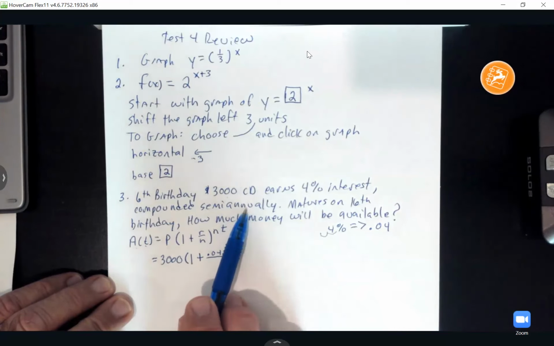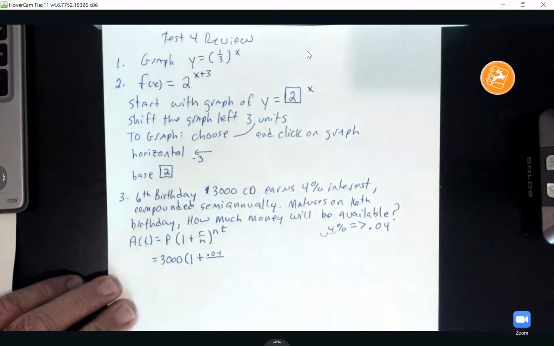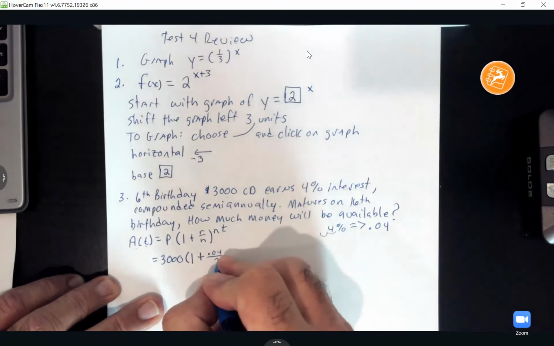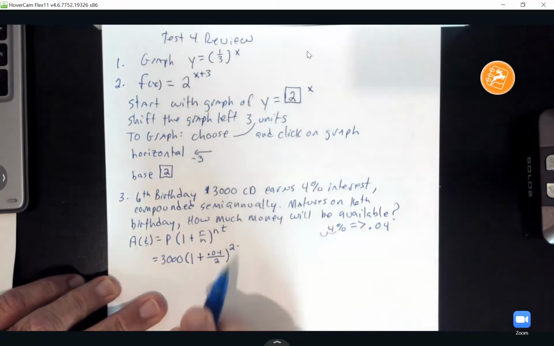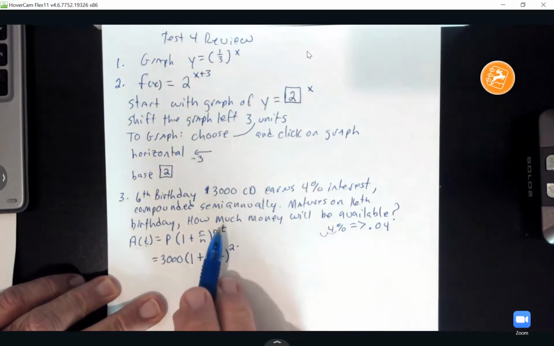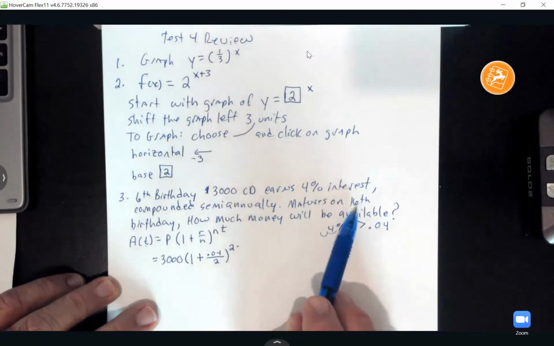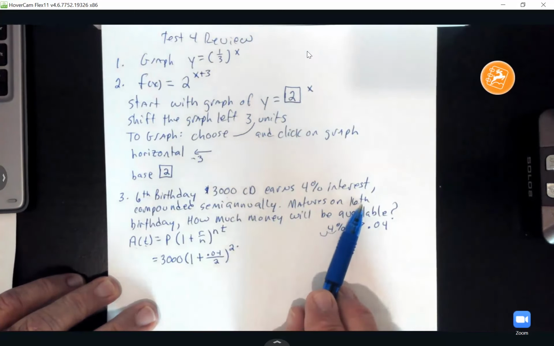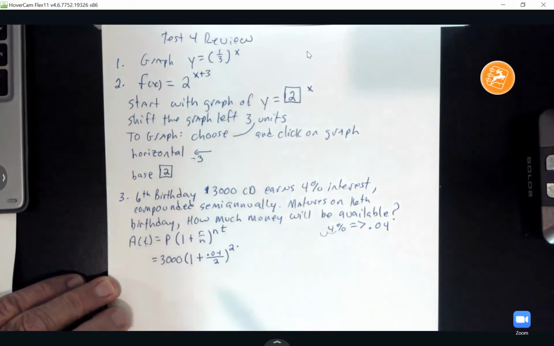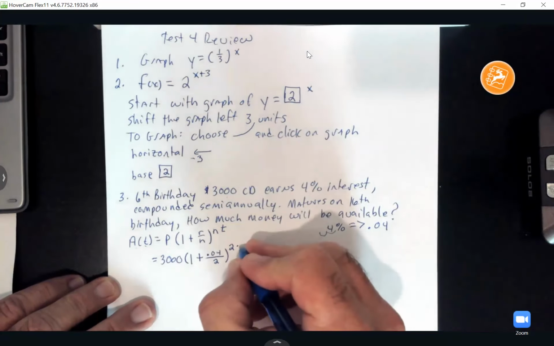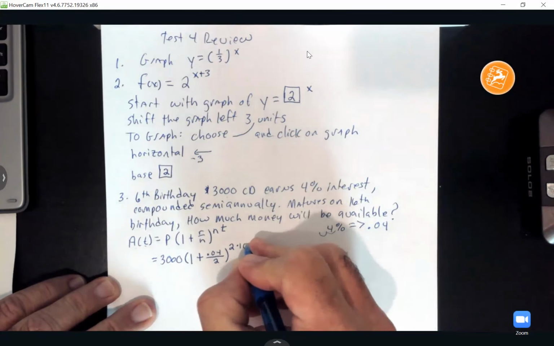So remember, semi-annually means twice a year. So that means n would be 2. And then we put 2 up here also for the exponent. And then we got to figure out t, which is our time. So they said it matured on the 16th birthday, and she got it on her 6th birthday. So we would do what? 16 minus 6 would give us 10 years. So t will be 10.